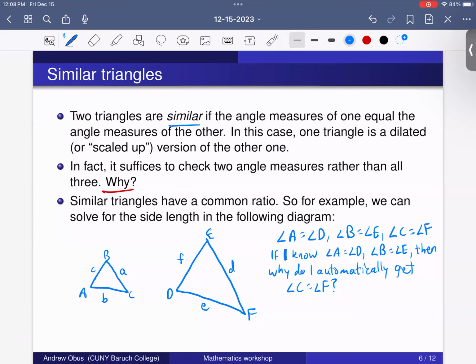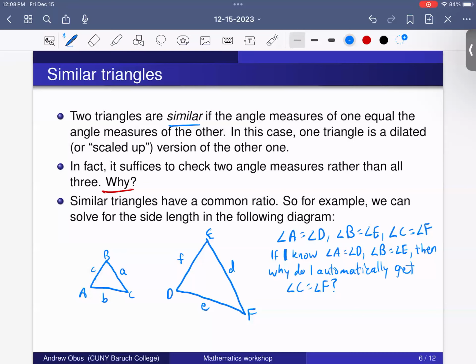So I've given you a definition of what similar means. Similar means all three angles of one triangle are equal to the corresponding angles of the other triangle. Now I'm asking you a separate question. I give you two triangles. I am not telling you that they are similar, okay? All I am telling you is that two sets of corresponding angles are equal.